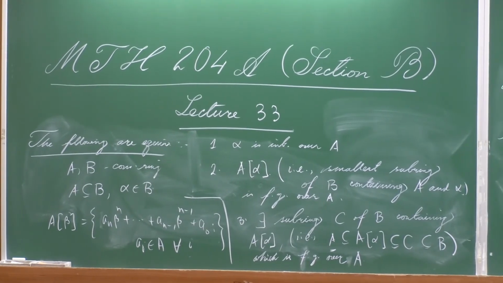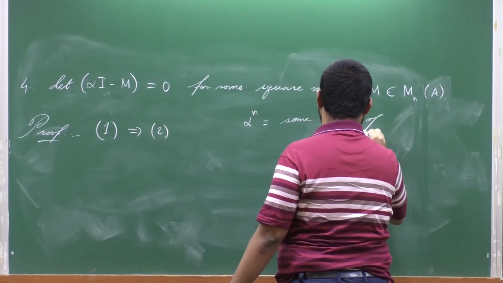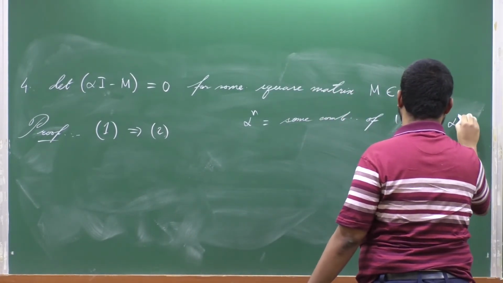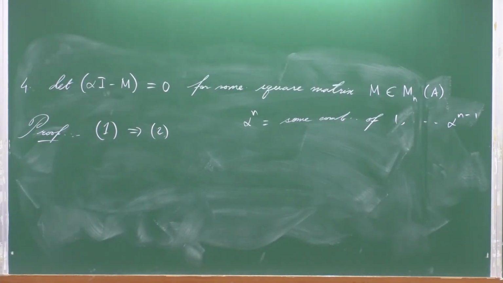Therefore alpha^n is a combination of 1 up to alpha^(n-1), from the polynomial relation that alpha satisfies.